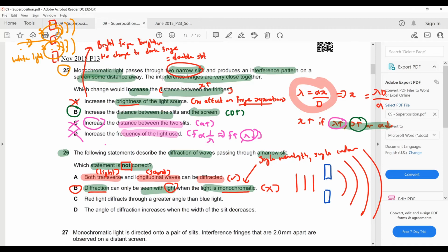All right, then after that, red light diffracts through a greater angle than blue light. Red light diffracts through a greater angle than blue light. Okay, this one here, you can just think of it as this.